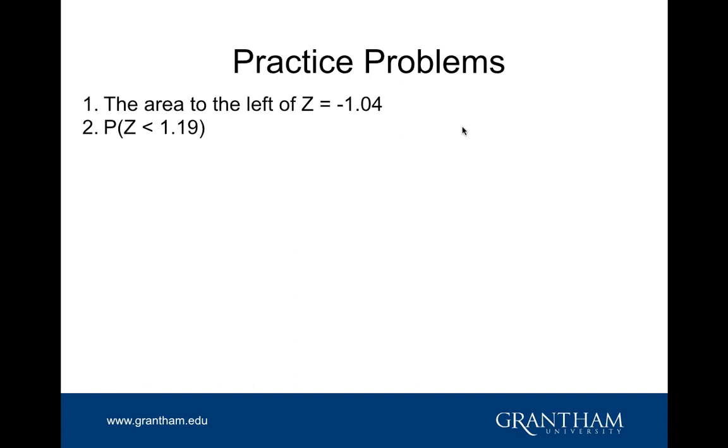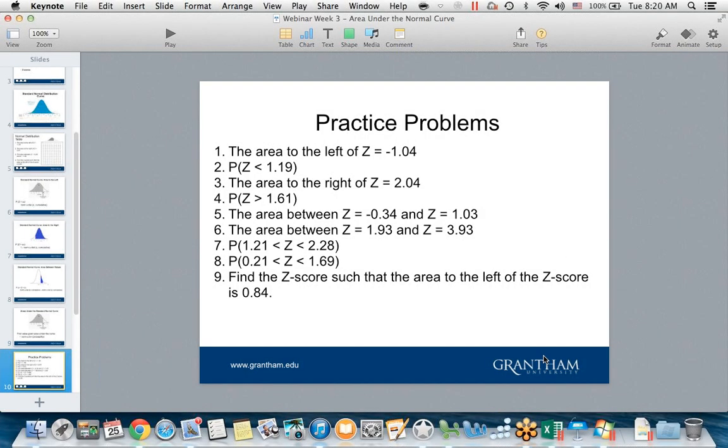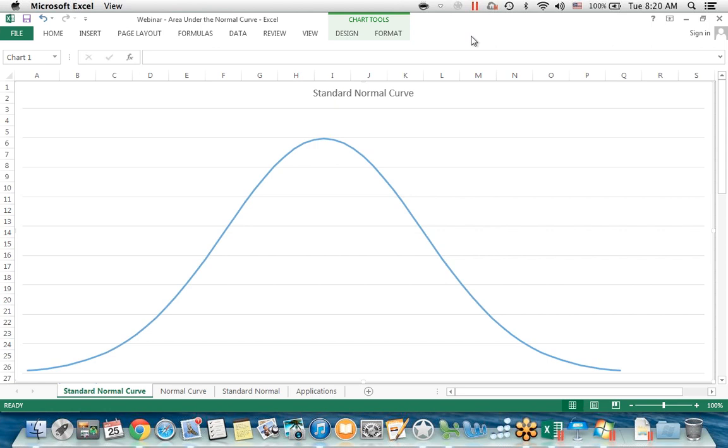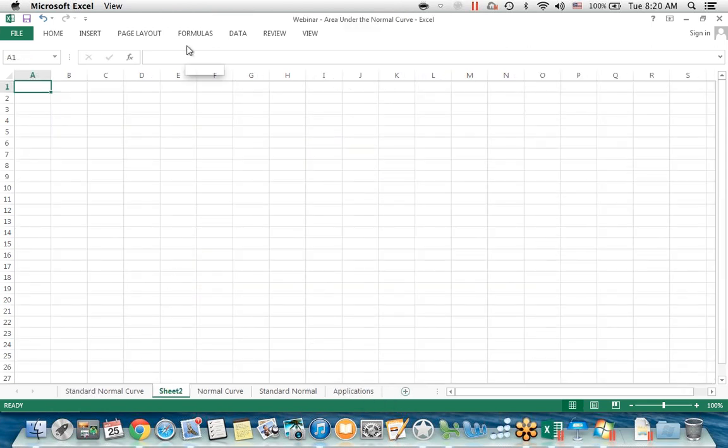Now let's go ahead and go to our Excel spreadsheet. So if you have Excel, please open it now. Microsoft Excel, open it now. Now recall that for the first problem, we're trying to find what is equivalent to saying the probability that Z is less than negative 1.04.